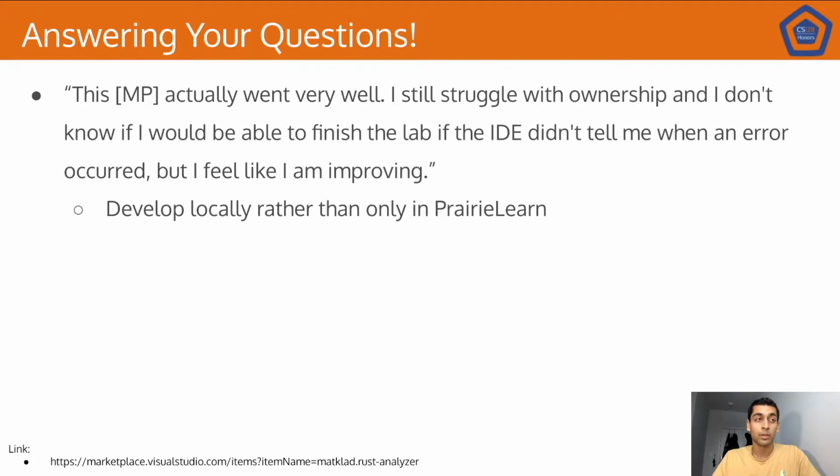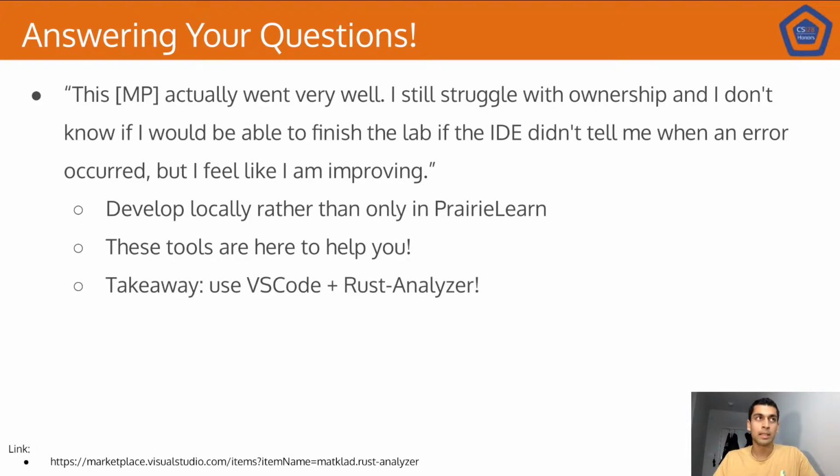We tell you to develop locally in an IDE rather than on PrairieLearn because of the hints it gives you, and it will make you so much more productive by knowing how to read the compiler hints and working from there. So again, these tools are here to help you, so use them. Biggest takeaway: use an IDE like VS Code, use the Rust Analyzer extension, link to that is at the bottom of the slide. These tools are here to help make you more productive, so use them.